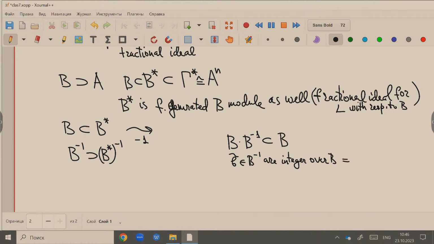And this implies that B inverse is equal to B. Yeah, so for B integrally closed.